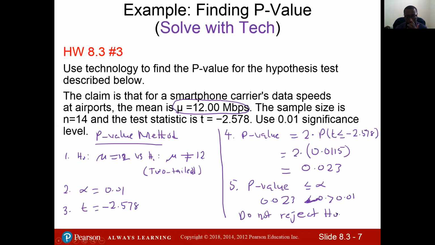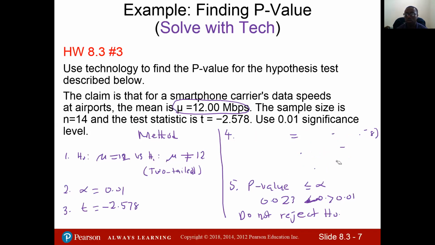Now if I use the critical value method, I'm going to repeat that, but step 4 and step 5 will be different. Because we need to calculate the critical value, and because this is a two-tail, we will need to have two critical values.